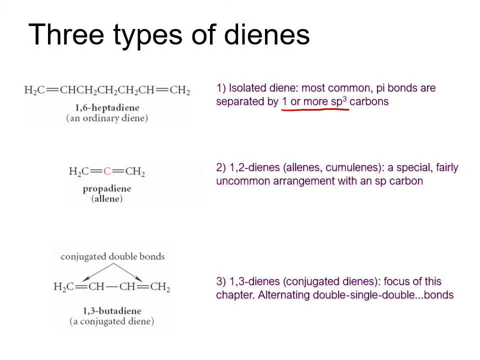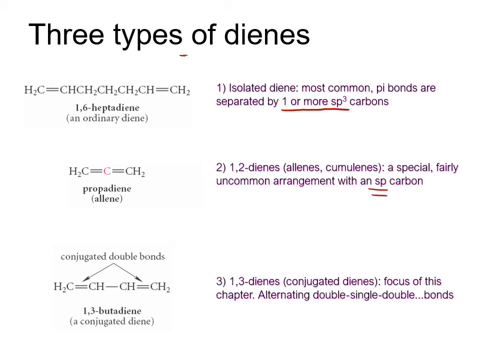And then occasionally you'll have allenes, sometimes called cumulenes, which are 1,2-dienes. Those, of course, feature an sp hybridized carbon. These tend to be less stable than either isolated dienes or conjugated dienes.